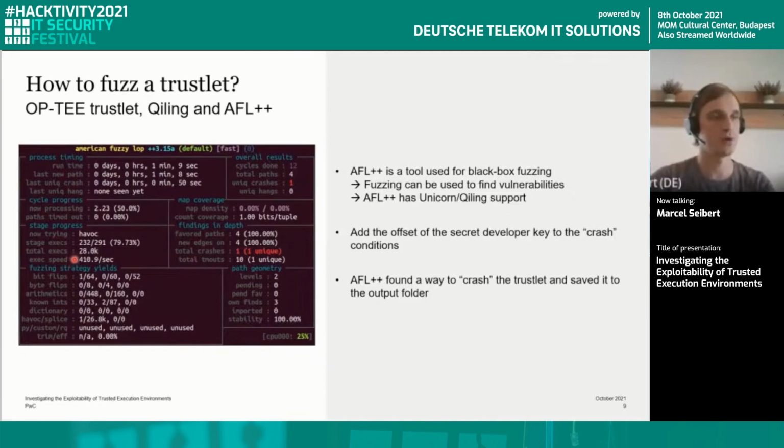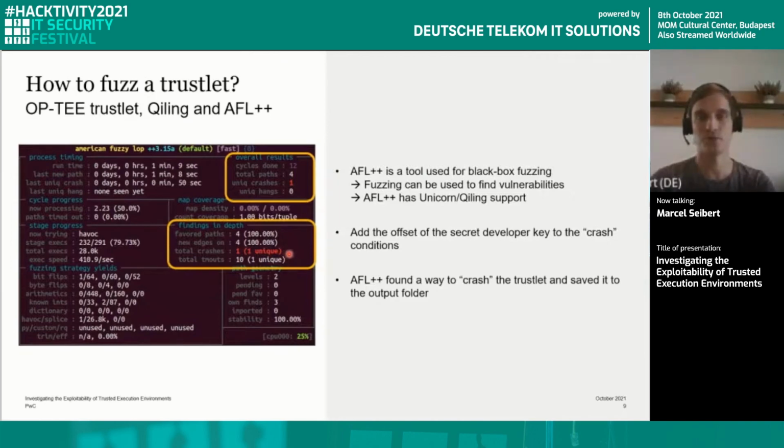And the most important part is here on the right side, we have the unique crash and also the findings in depth. So we have a crash, and like I said before, that crash could be related to going into our 200 branch. Okay, so that sounds interesting. So let's see the output of AFL and check what the input was to the trustlet.